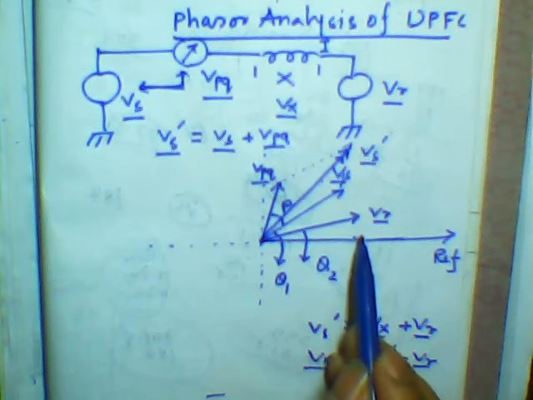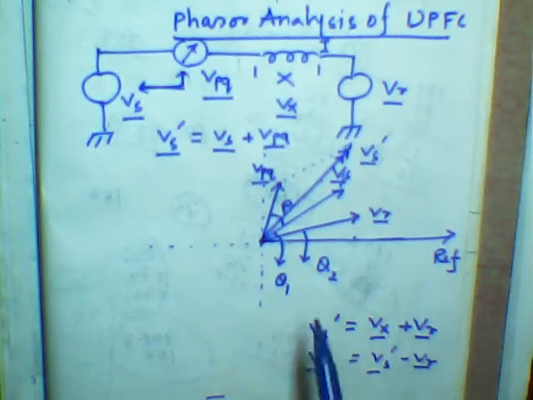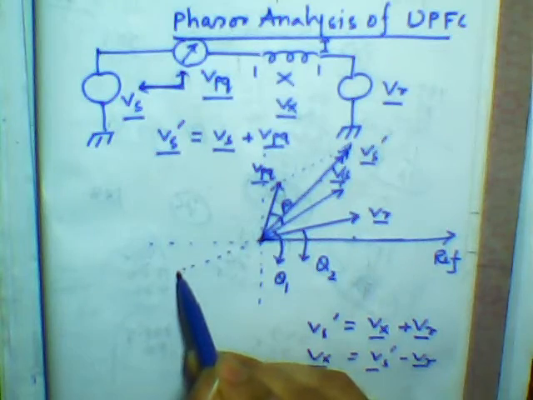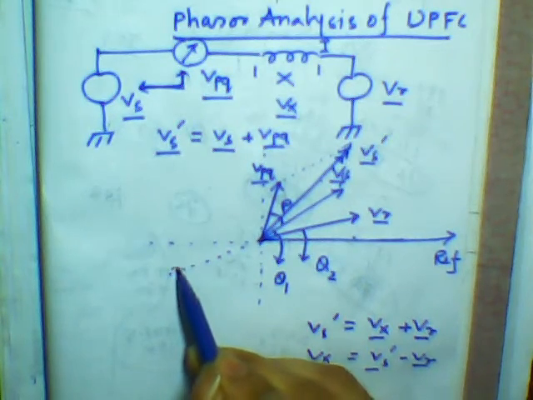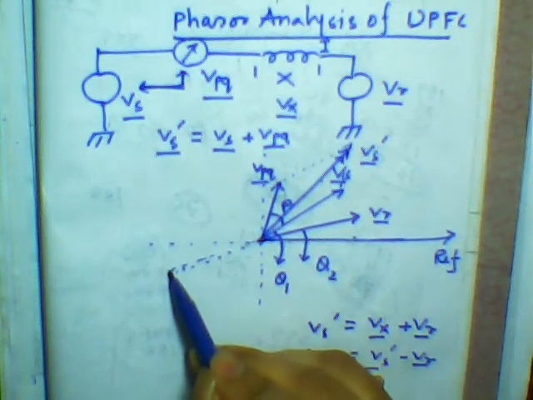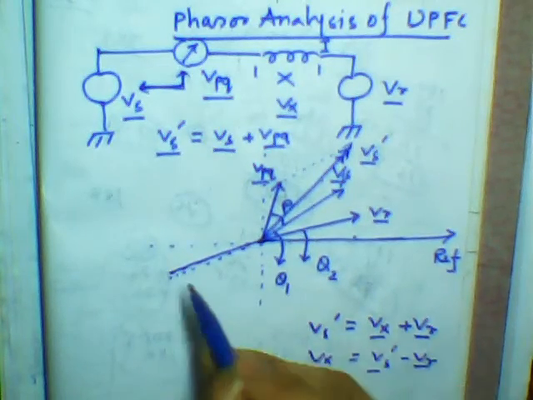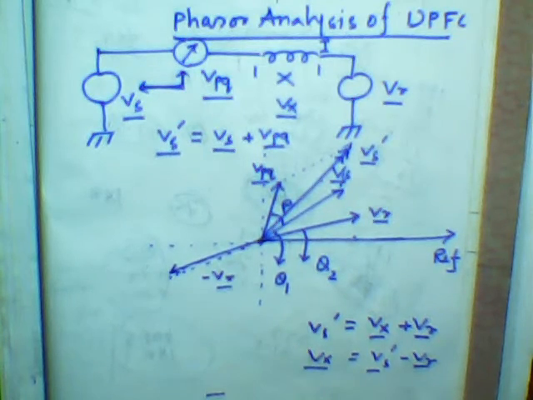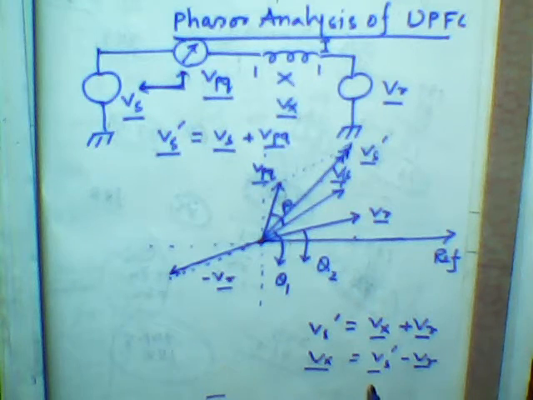If you want to get minus Vr, naturally the Vr is to be extended in the negative direction. So this is your minus Vr vector. Now basically Vx is the vector summation of Vs prime and the negative Vr vector.